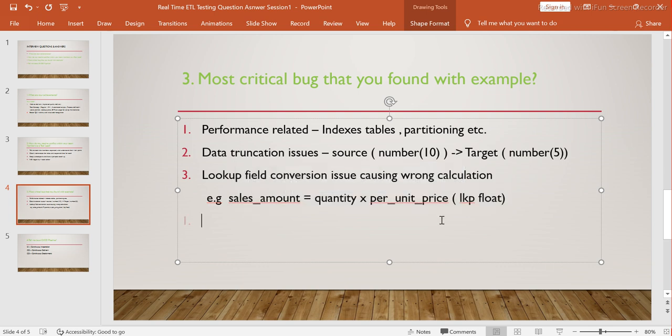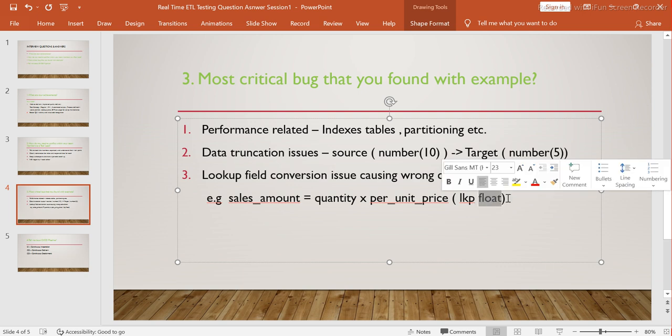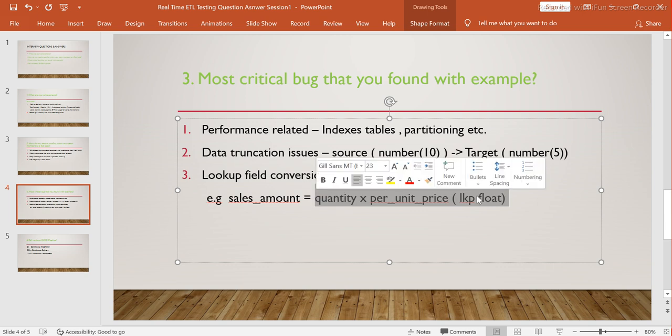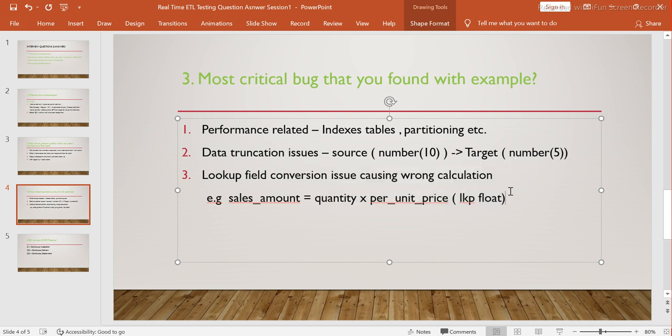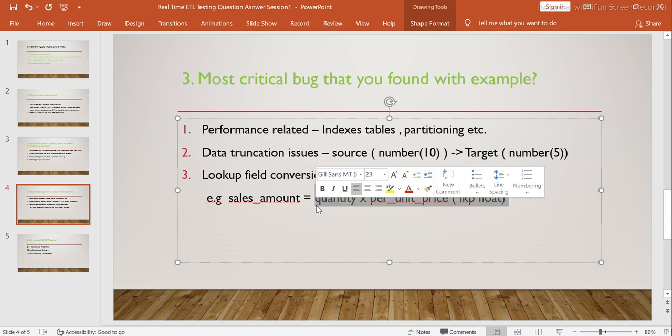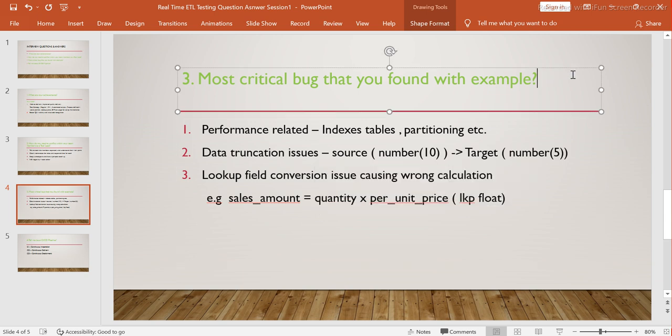For example, if it is integer and later becomes float, then it might not be a problem because it is still the same value, right? But if the subsequent flow in the pipeline of the mapping has a lesser data type, then there will be data loss, right?